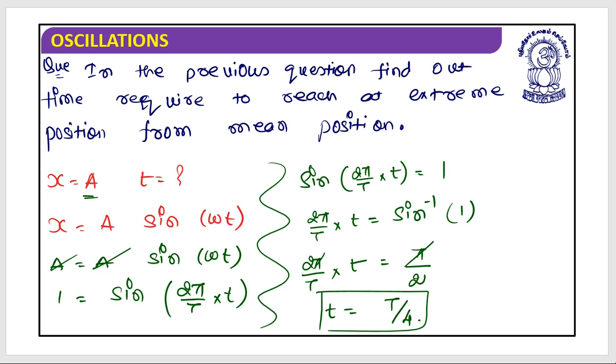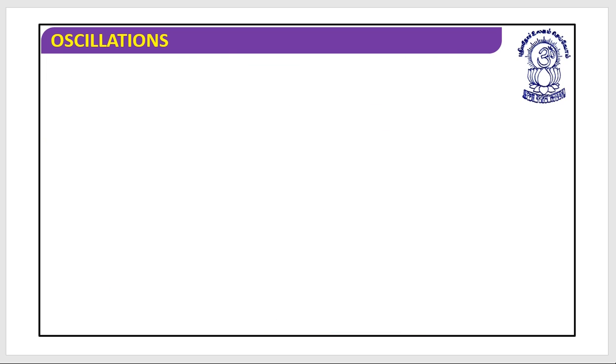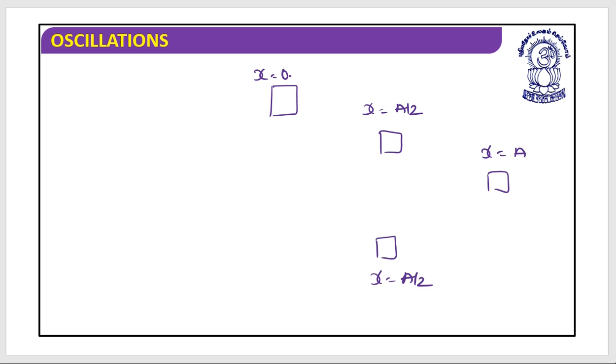Is it clear? Great. So if you understand the situation well, this was the situation. This is the mean position, x equals 0. This is x equals a by 2. This is the extreme position, x equals a. This is x equals a by 2 again, and this is x equals the mean position.